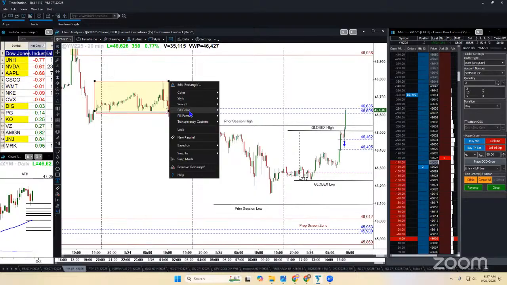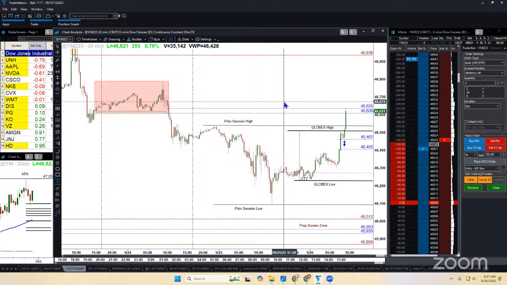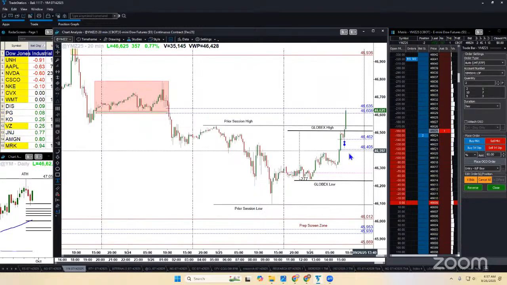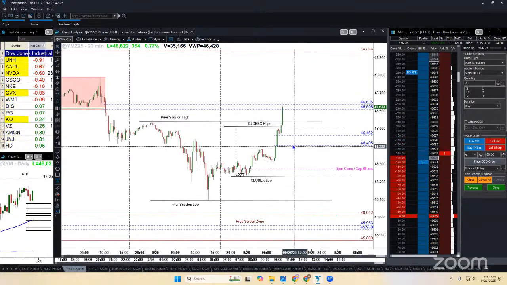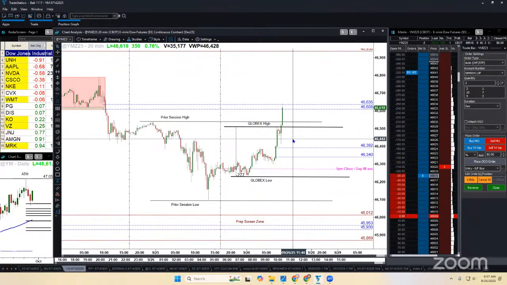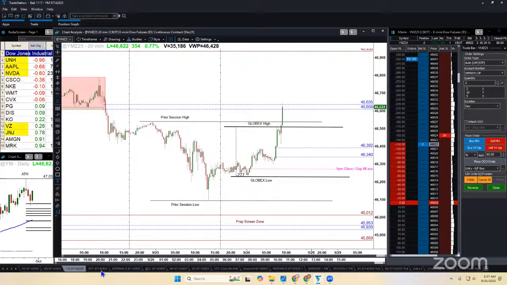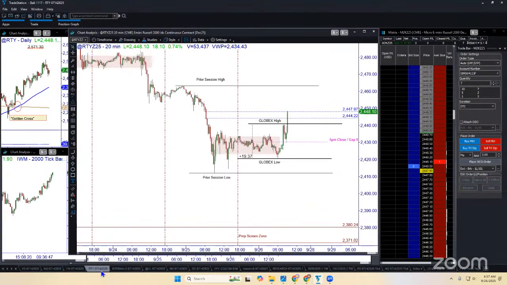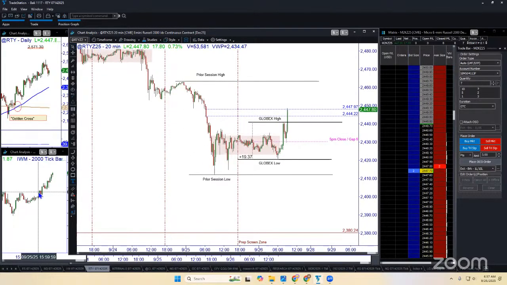We might have to take another poke at this. I'm a little bit early in front of the economic report. Russell's also overshot a little bit.